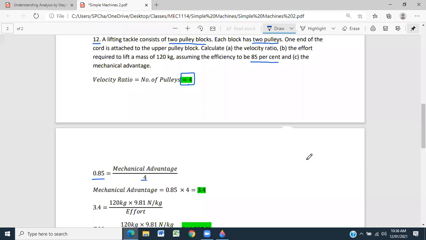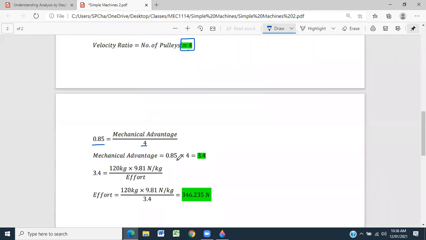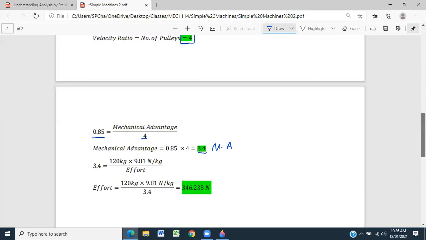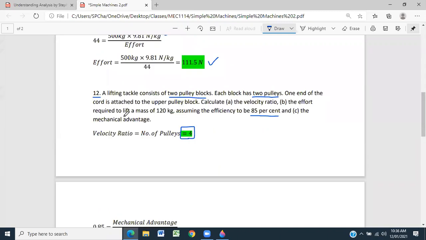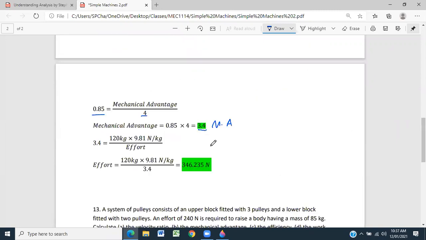Solving for the mechanical advantage, we get 0.85 times 4, which is equal to 3.4. This is the mechanical advantage. Now, the load was given to us: the effort required to lift a mass of 120 kgs, and we need to multiply that by the gravitational constant.